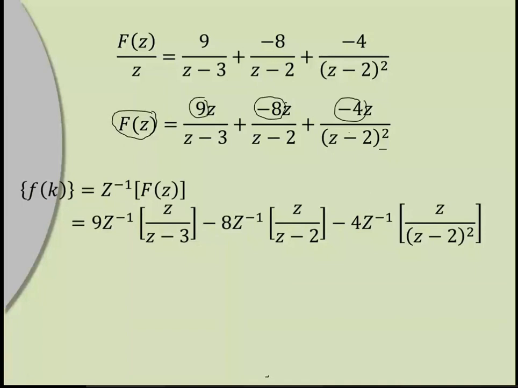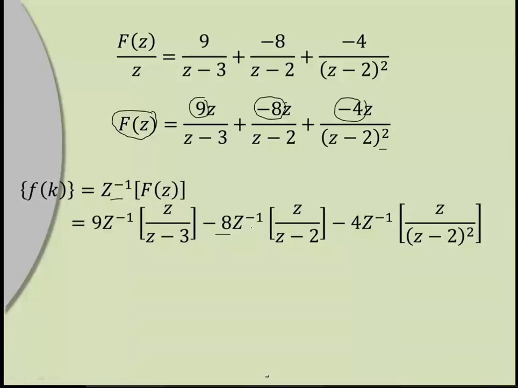So f of k is equal to z inverse of this f of z, and that will be 9 into z inverse of z upon z minus 3, minus 8 into z inverse of z upon z minus 2, minus 4 into z inverse of z upon z minus 2 square. We have just taken z inverse on both sides, taking constant terms out and separating the summation.